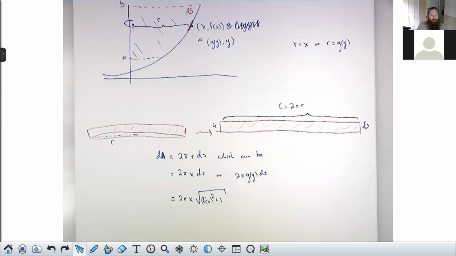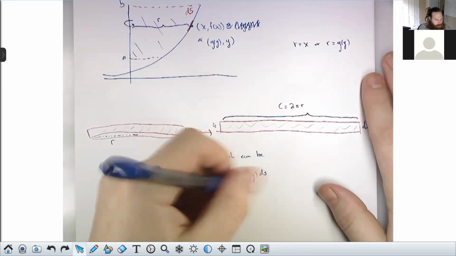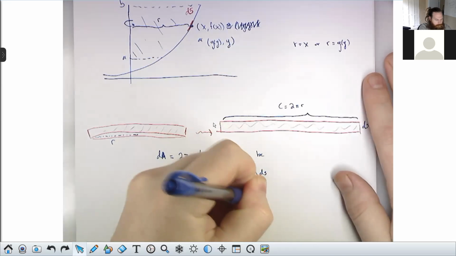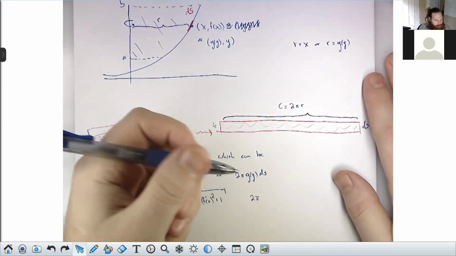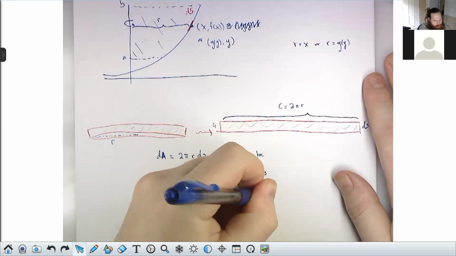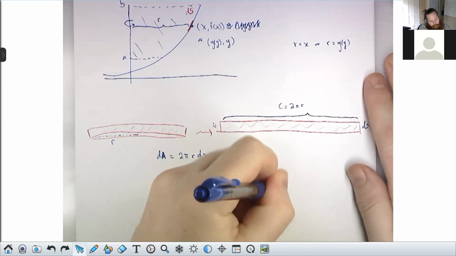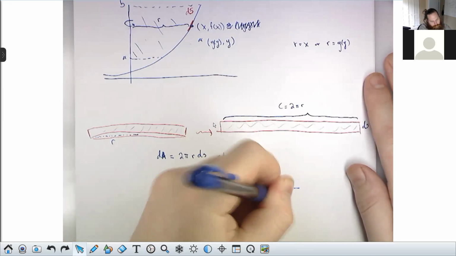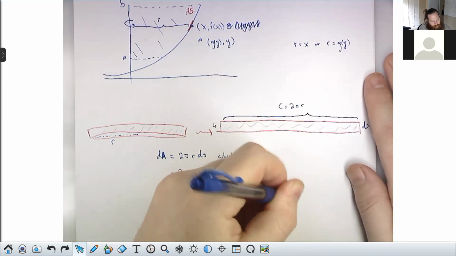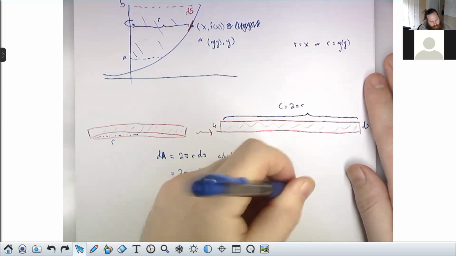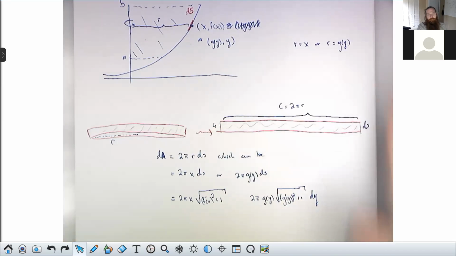But if the curve happens to be neatly expressible as a function of y, you could also think of it as 2 pi g(y) times the square root of g prime of y squared plus 1 dy.